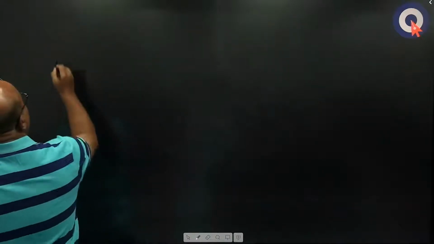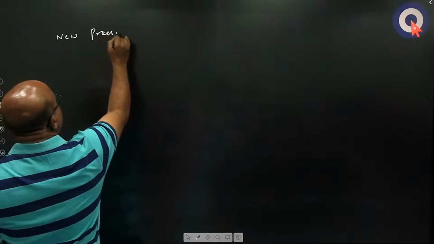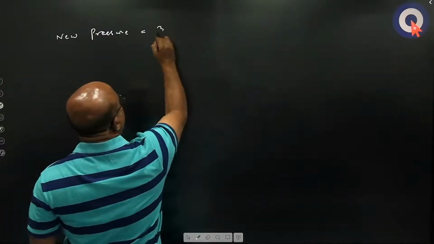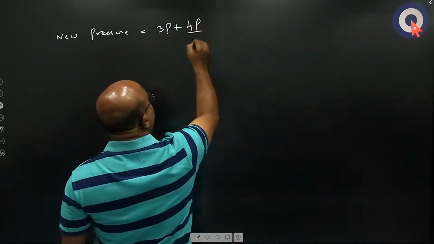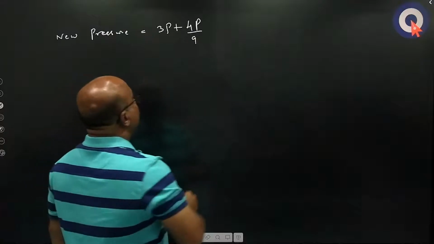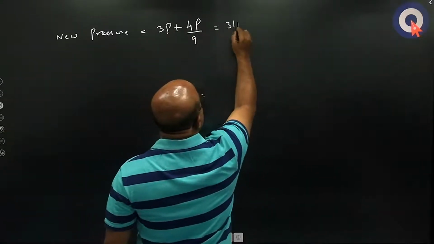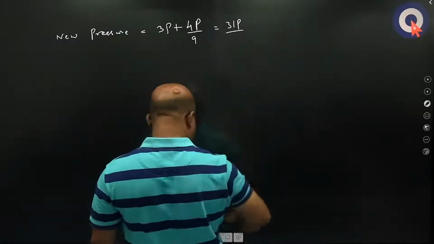So what is the new equilibrium pressure? It is nothing but 3P, pressure of ammonia, plus pressure of carbon dioxide, which we now got as 4P by 9. So it's nothing but 27P plus 4P by 9, sorry, 9.